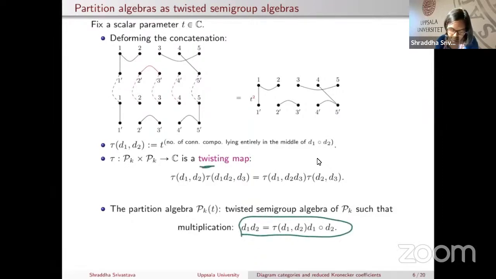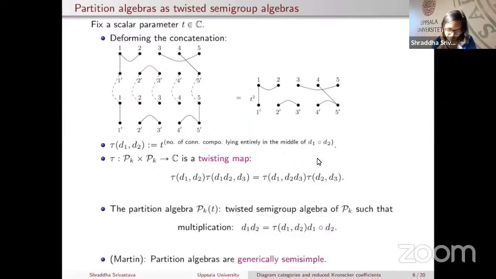In the partition algebra case, it is given by t to the power of the number of connected components that lie completely in the middle. The monad algebra of the partition monad is not semi-simple. However, when we do the deformation, after a certain finitely many values of t, this partition algebra becomes semi-simple. This was proved by Martin.